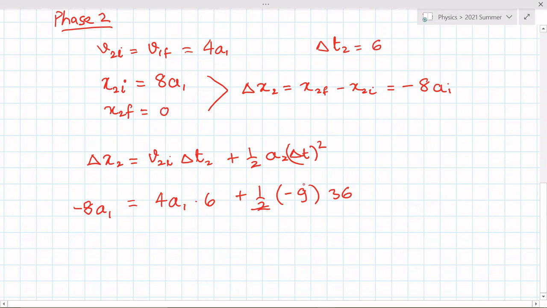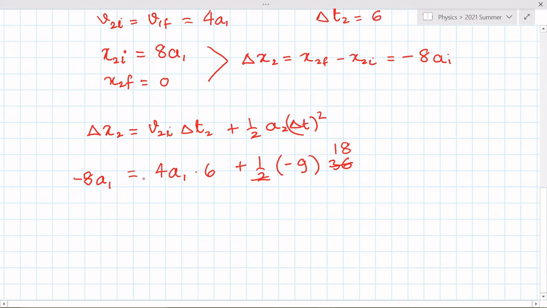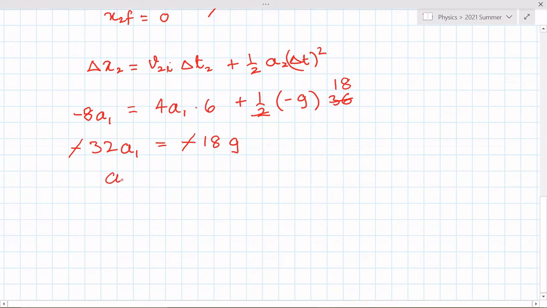So this is 18. If this is 24A1, we can bring it over here, negative 32A1 equals negative 18g.